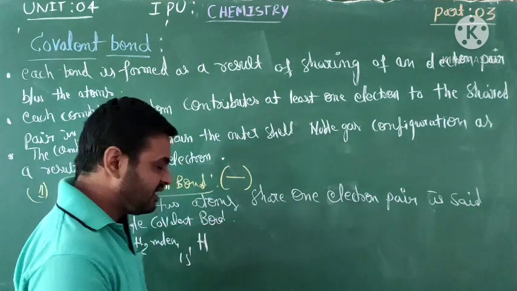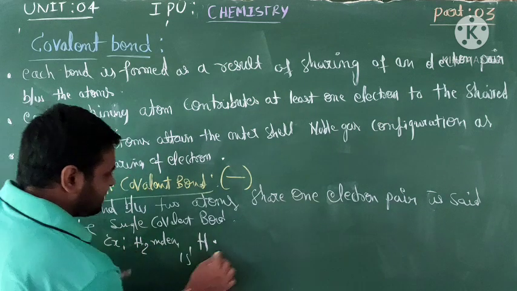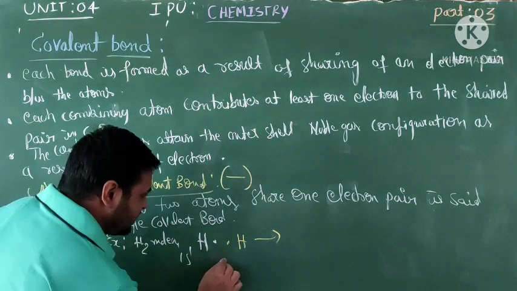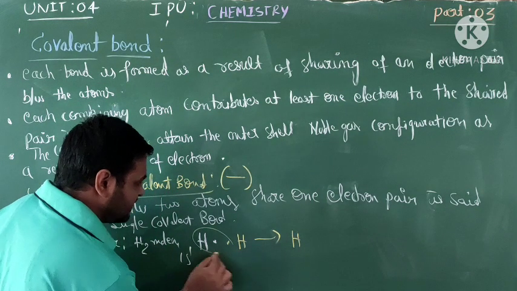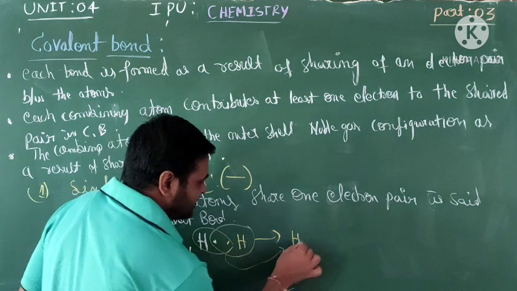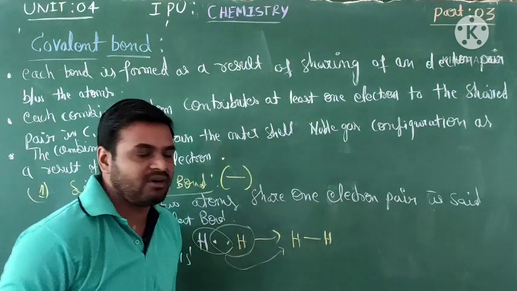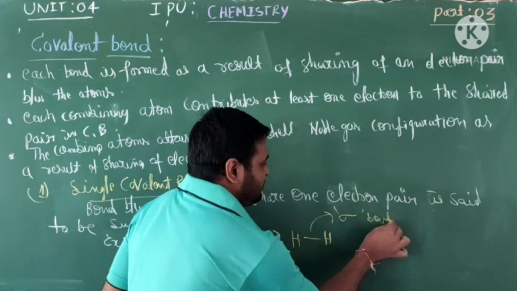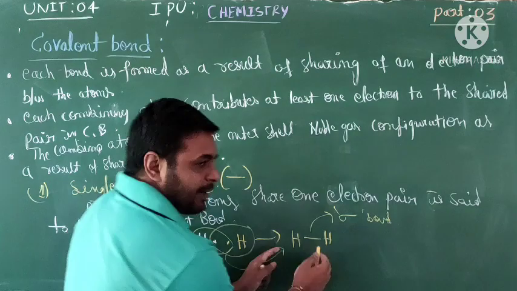Another hydrogen shares electrons, forming a single covalent bond. This is called a sigma bond. We will discuss sigma and pi bonds later.